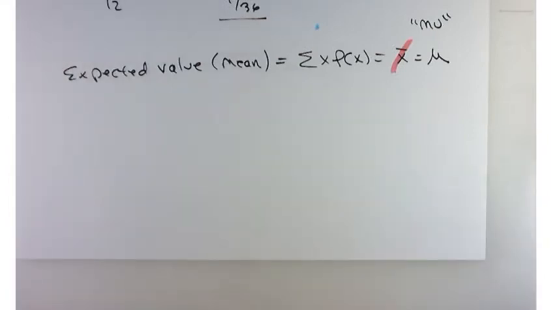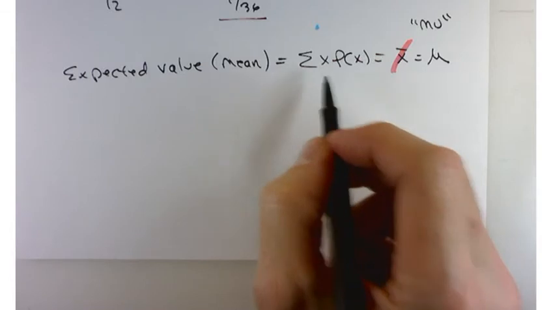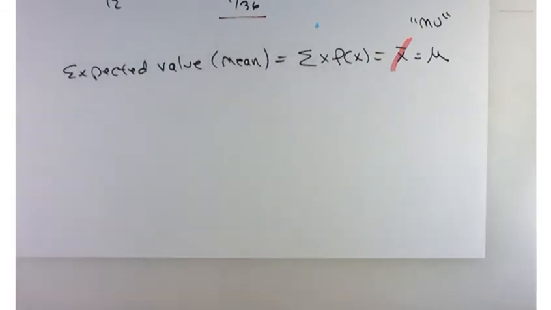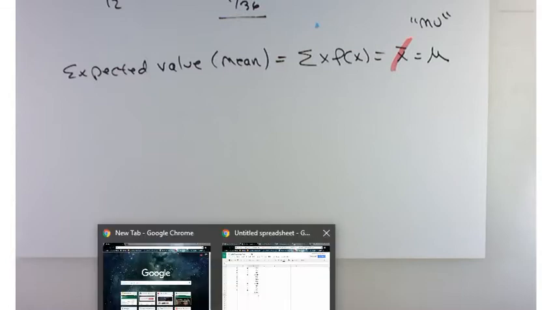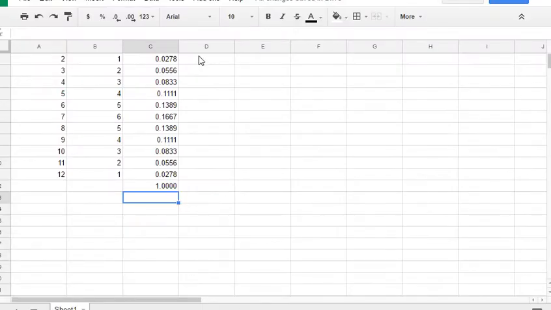So we want to calculate the average value. What's happening on average when you roll a pair of dice? So let's look at that. I need to calculate a column of x times p of x, and I need to add that up. So let's go back here to our sheets. In this column, I want x, which is in column A. These are the different things that can happen, times the probabilities.